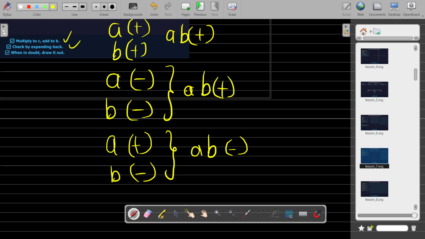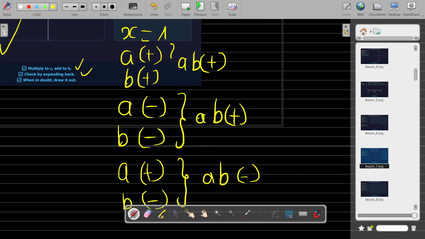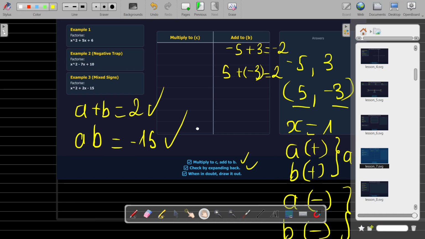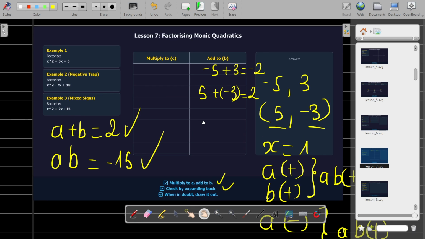So the bigger number is going to take the same sign as B. This is just a rule of thumb when you look at some of these numbers in these examples, and that is what you can expect to learn.